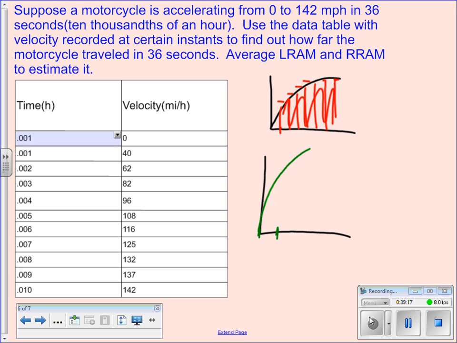I'm not using endpoints. I can't use both of them as heights. So when I use LRAM, I'm using the left-hand side. The left-hand side is 0 plus 40 plus 62 plus 82 plus 96 plus, right? Add all those together times 0.01.